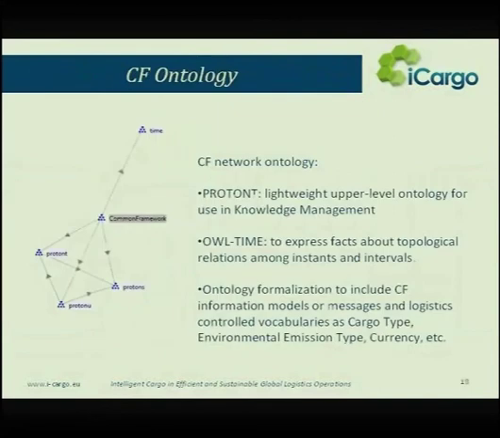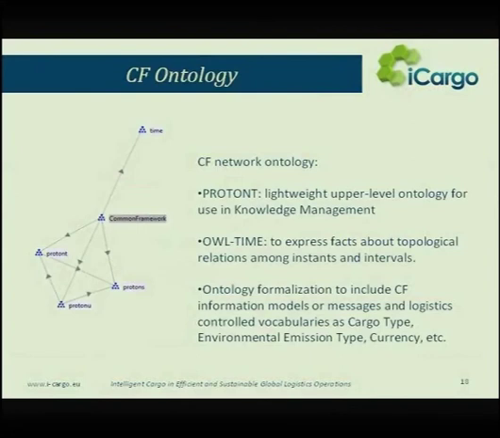So this is the common framework ontology, and in order to develop this ontology, we followed the NeOn ontology approach, because we decided to reuse state-of-the-art ontologies as much as possible. We selected these two ontologies, attending to criteria such as that the knowledge domains formalized by each of them cover a subset of the knowledge domain of the common framework, and that the selected ontologies have been successfully applied in other environments.